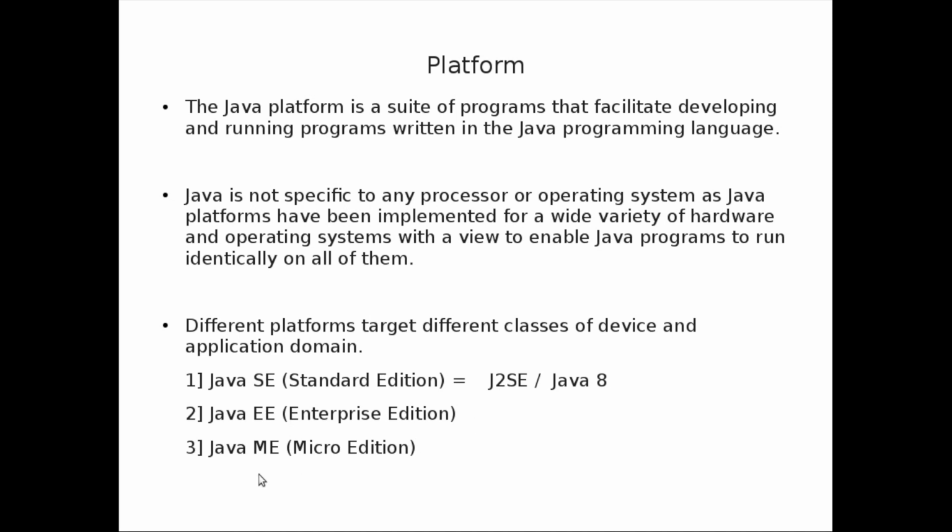So J2SE, J2EE and J2ME, these different platforms are available, and based on the target machine, the target device or the application, we need to choose one of the platforms. Suppose I want to work on a mobile device, so I can go with J2ME.